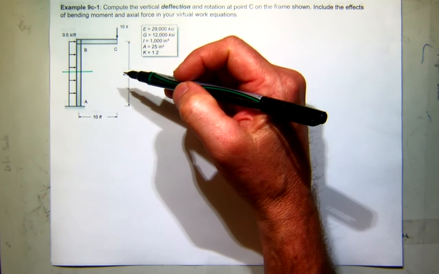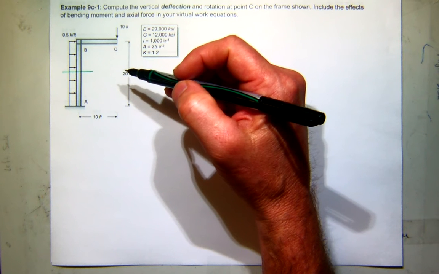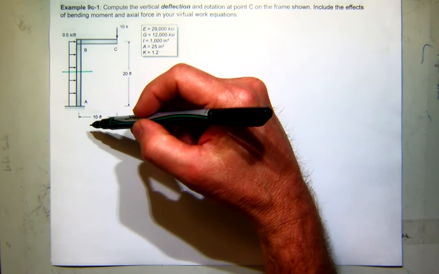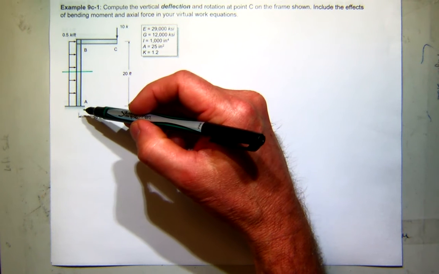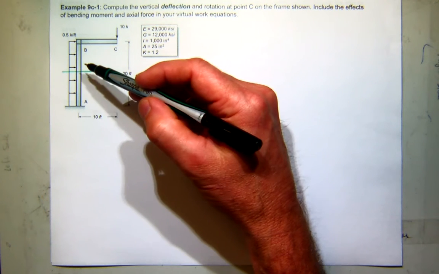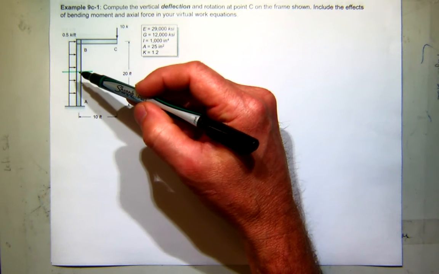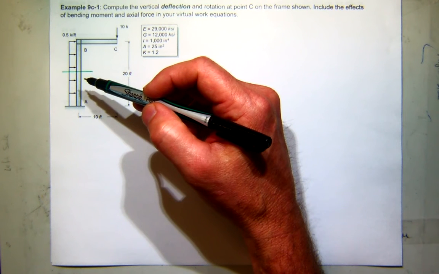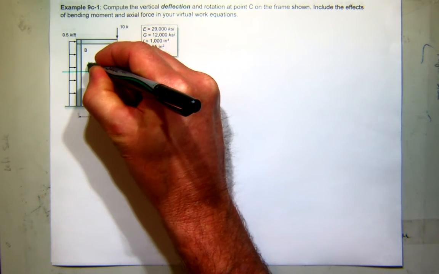I say no. Why do I say no? I have to find all these reactions just to get started. That's three equations I have to solve for. I have to find the moment, the shear, and the horizontal force. What if I just stop and do the top side? Can I write an equation up here? Yes, I can. So I think I'm going to go this way.